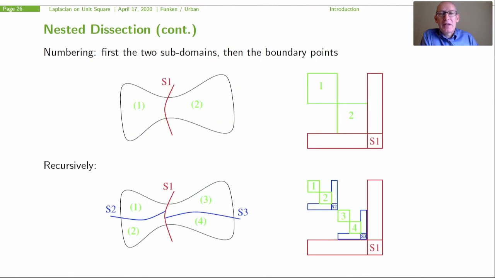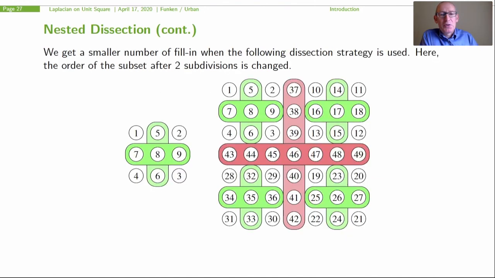Here we have done the dissection. If you do a quadro-section and you do the ordering or the numbering of the separator in a smarter way, you will have a better behavior with respect to the fill-in or even for the envelope.